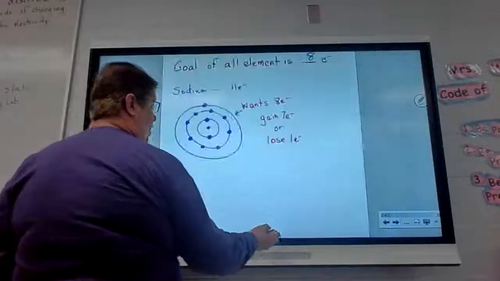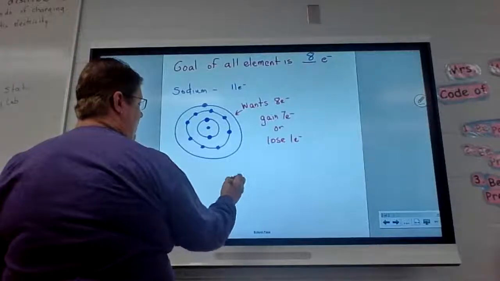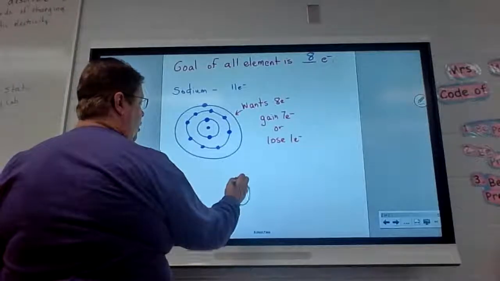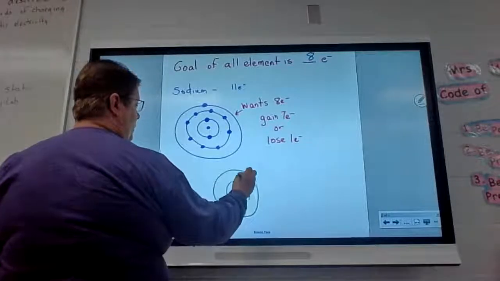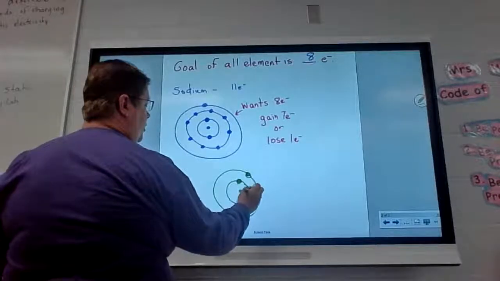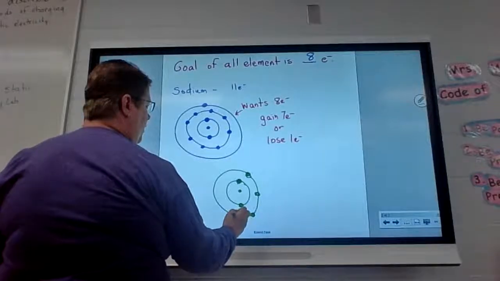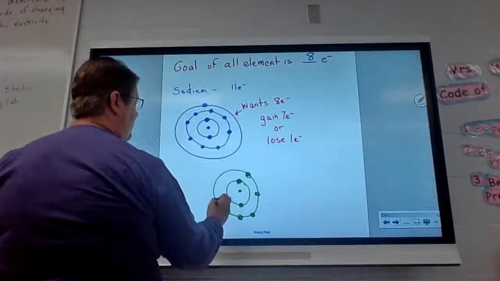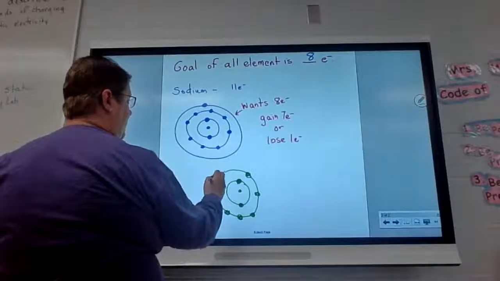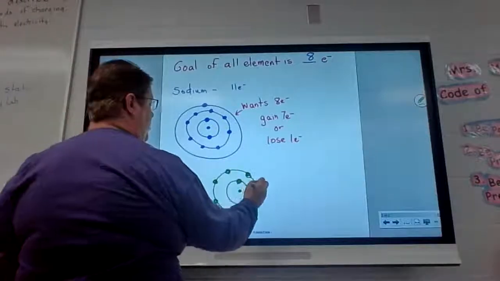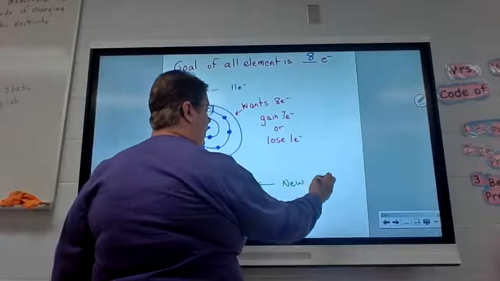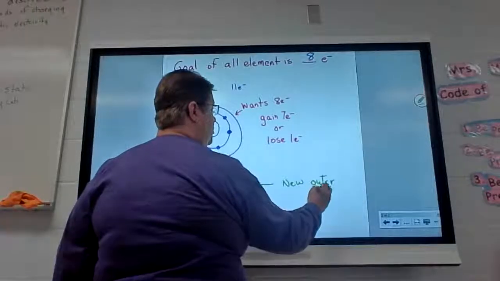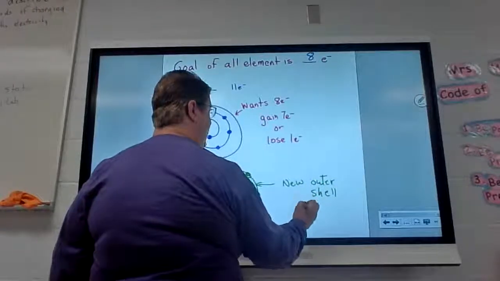It's much easier to say, lose 1, so we'll still have that ring. And then we have 1, 2, 3, 4, 5, 6, 7, 8. So this becomes the new outer shell, and it has 8 electrons in it.